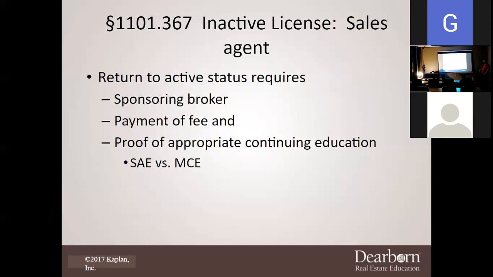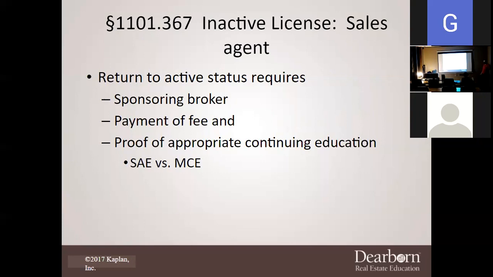To be reactivated, you have to, of course, have a sponsoring broker, pay any fees that are required, and make certain that your continuing education is up to date. Okay. Your SAEs or your MCEs. I'll explain this. SAE is your first renewal, so your first renewal within your timeline, okay? Say, for example, Aiden, this is your first upcoming renewal, you have to do the SAE requirements.